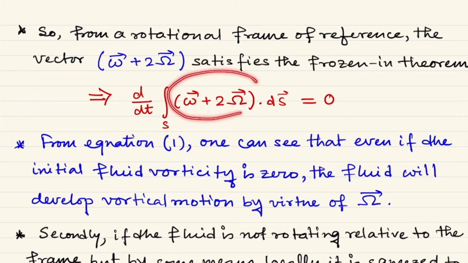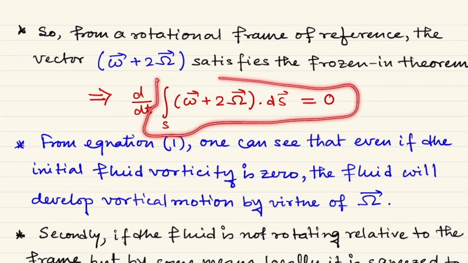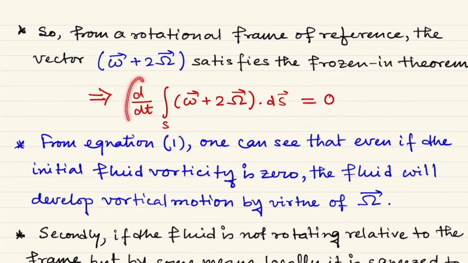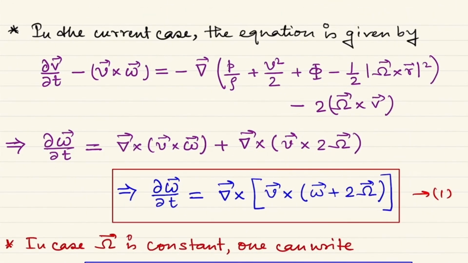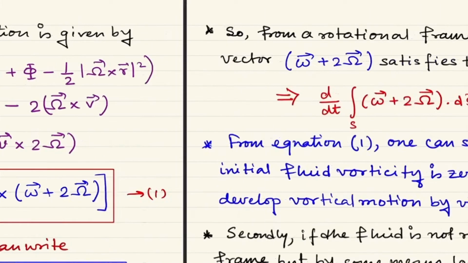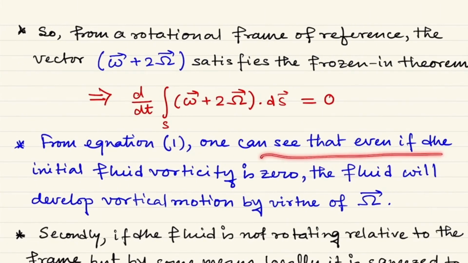So the surface flux of this quantity will be constant, or invariant in time, of course if we are following the trajectory of a fluid element, because once again this is a Lagrangian derivative.